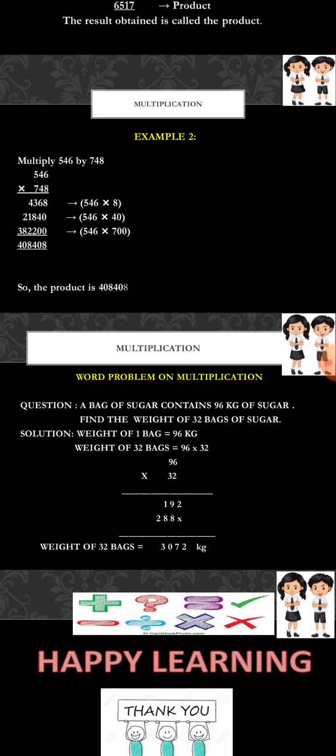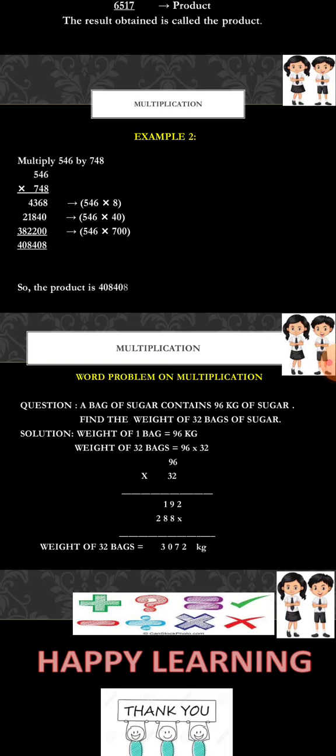So we'll write 6 and take 3 as carry. 8 fives are 40. 40 plus 3 carry becomes 43. So here 546 multiplied by 8 and the result is 4368.